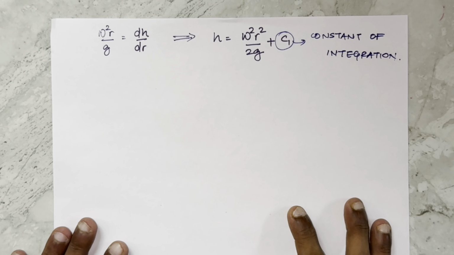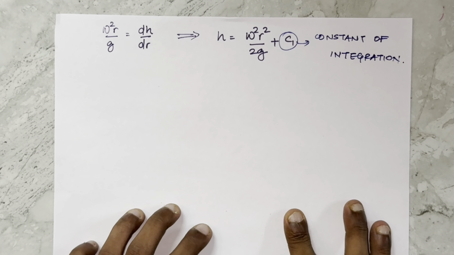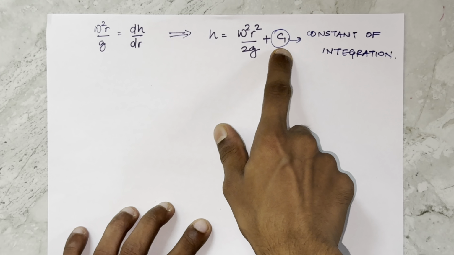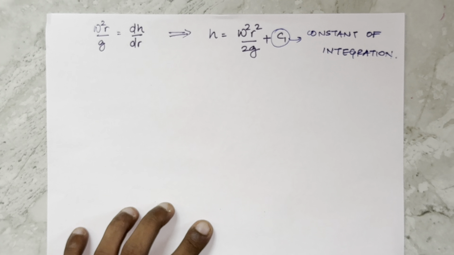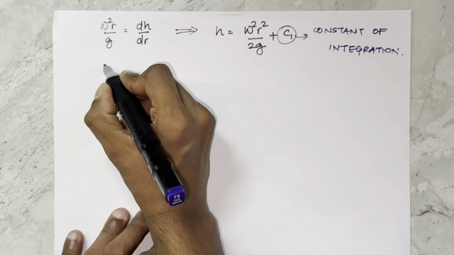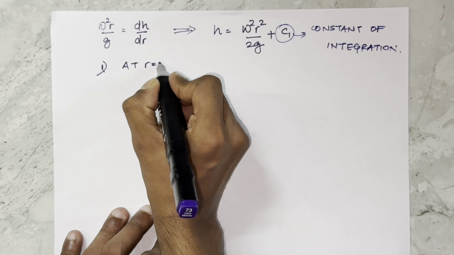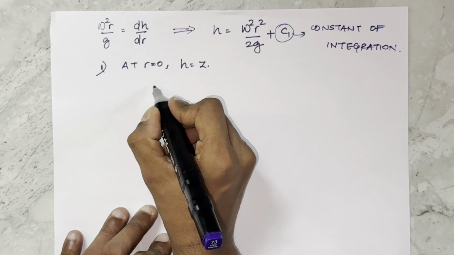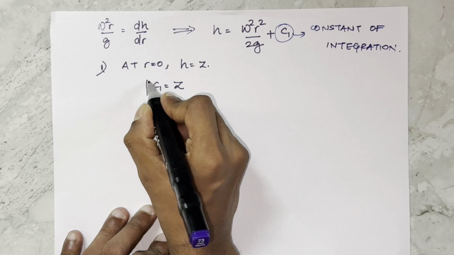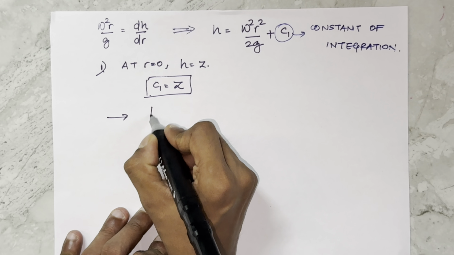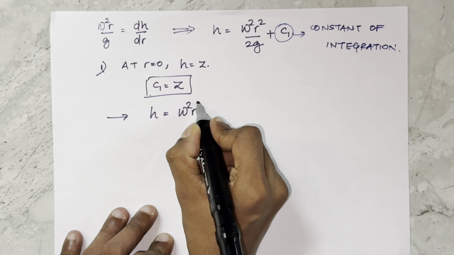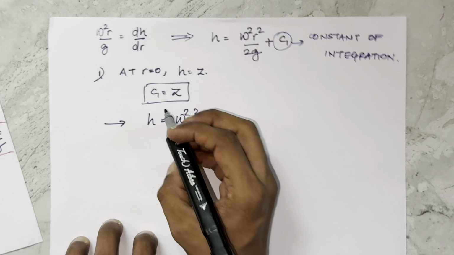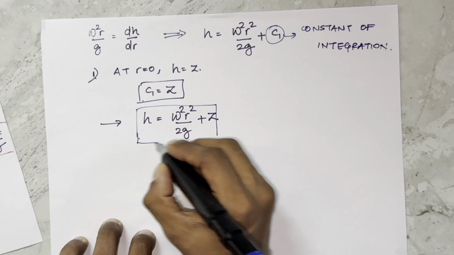Now applying the condition we had, at r equal to 0, h is equal to z. From this we got c1 equal to z, and the final equation is h is equal to omega square r square by 2g plus z, and this is the final equation we would tend to require.